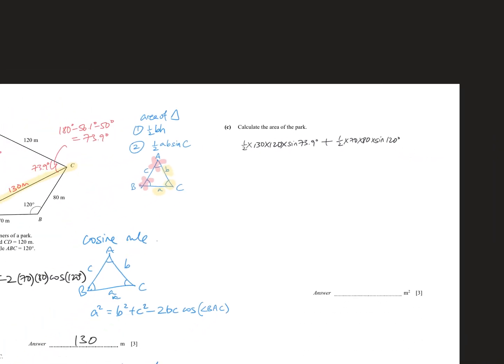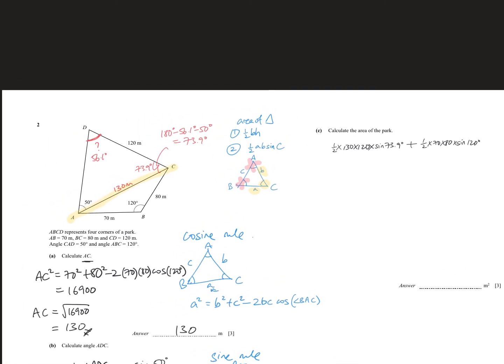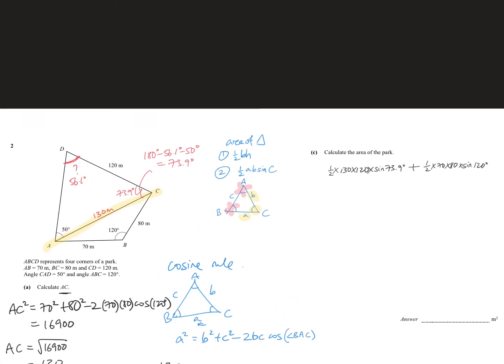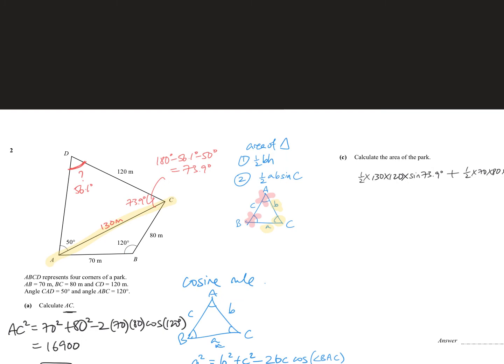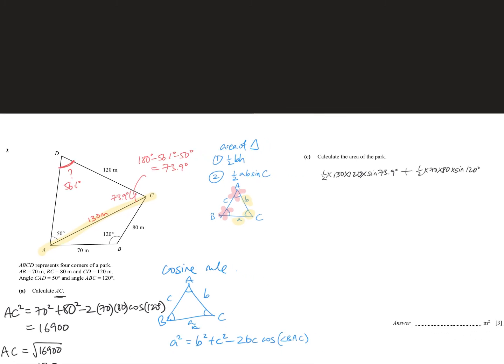Yep. Let me just zoom out and you can just really take a look at how the formula is applied. You can pause at this frame and just look at it, right? Just applying area of triangle, this formula.